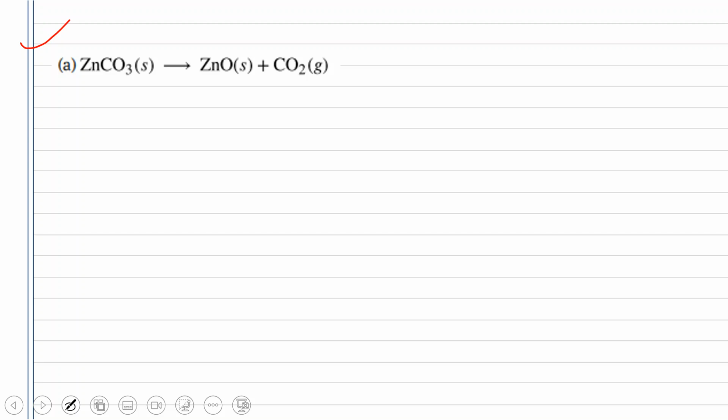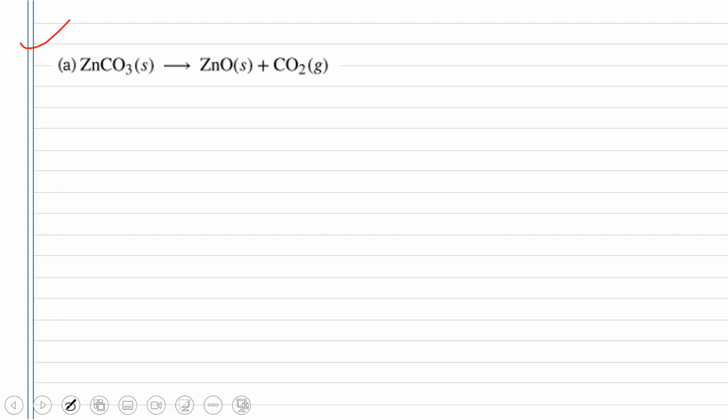How do we tell if something's a redox reaction? We said that in a redox reaction there's reduction and there's oxidation. Basically, one element is losing electrons and the other element is gaining electrons.